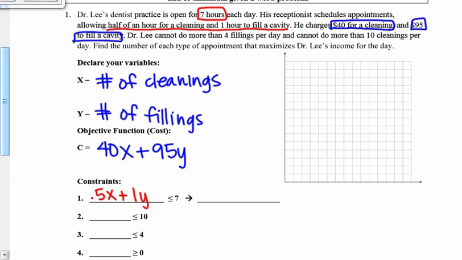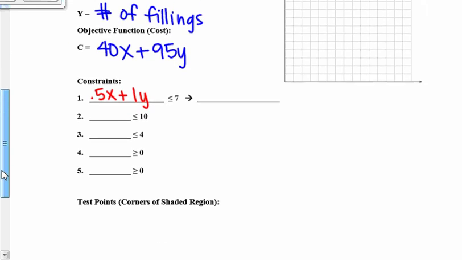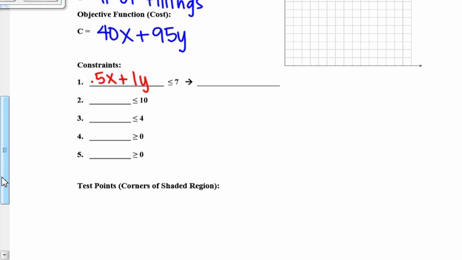He's only open for 7 hours. So all of the cleanings and all of the fillings, all the time that takes, has to be either right under 7 hours or right at 7 hours. He can't go over. And then I have a little arrow right there. That arrow just means that I need to actually solve for y here, because what I'm going to essentially be doing is graphing all 5 of these constraints, all of these lines.